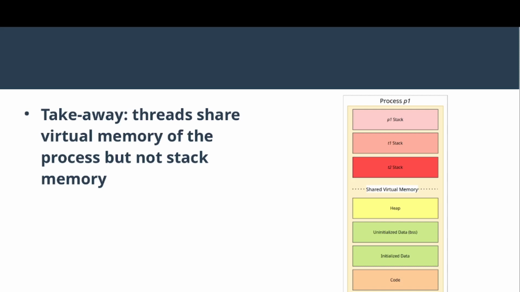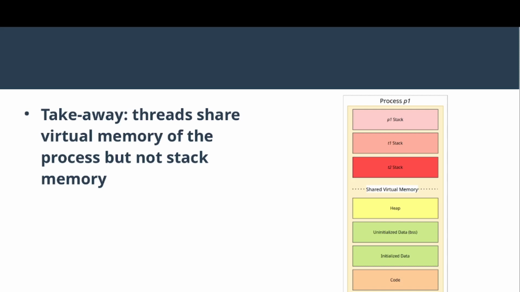This bottom section delimited by the dotted line is called shared virtual memory. So this is all the memory that is technically shared across all threads of the process. At the very bottom here, we have the code segment, followed by the initialized data and the uninitialized data segments, followed by the heap.